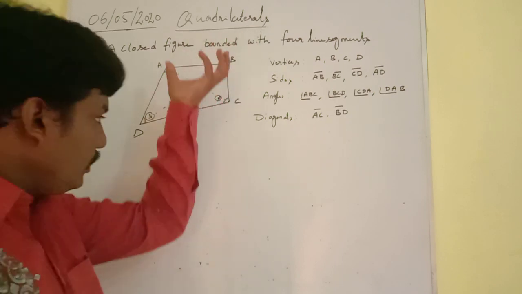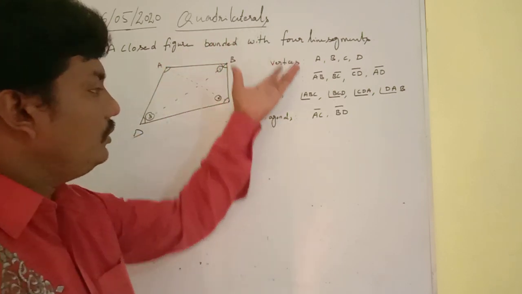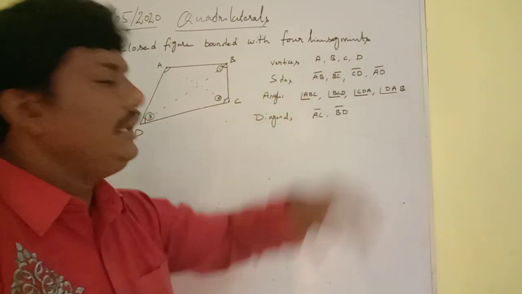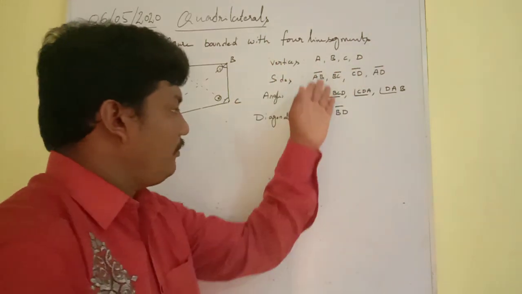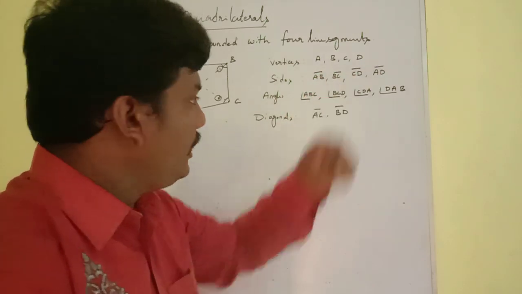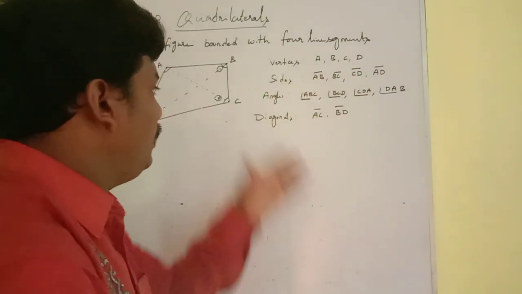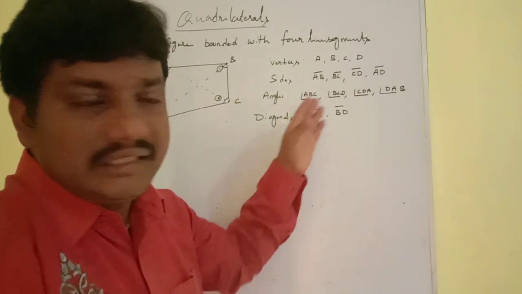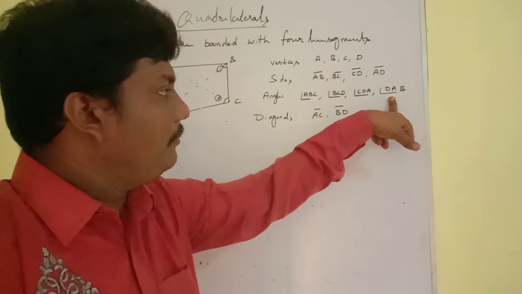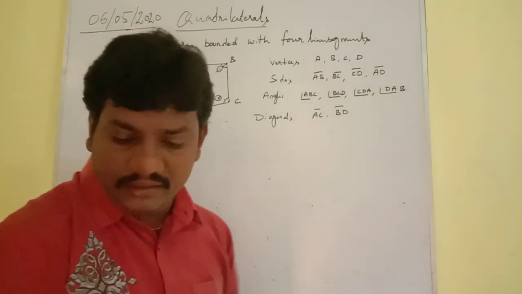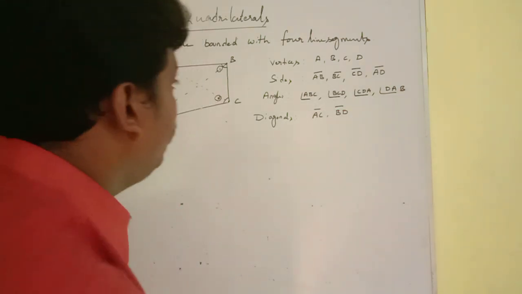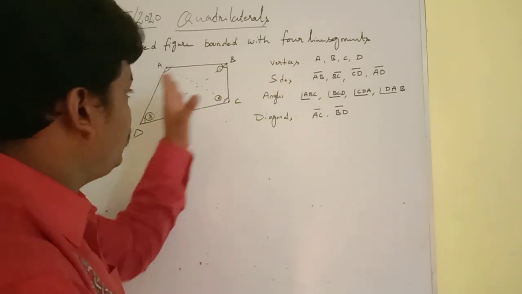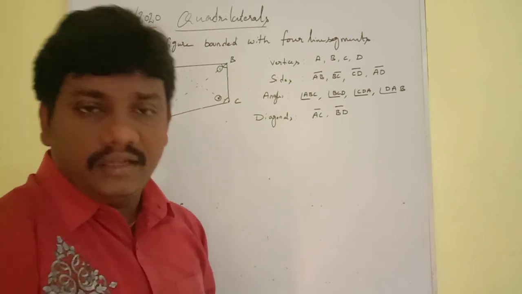Now for any quadrilateral, we have these parts. First the vertices A, B, C, D; the sides AB, BC, CD, AD or DA; the angles, angle ABC, angle BCD, angle CDA and angle DAB; and the diagonals. Now we have adjacent sides and opposite sides in a quadrilateral.